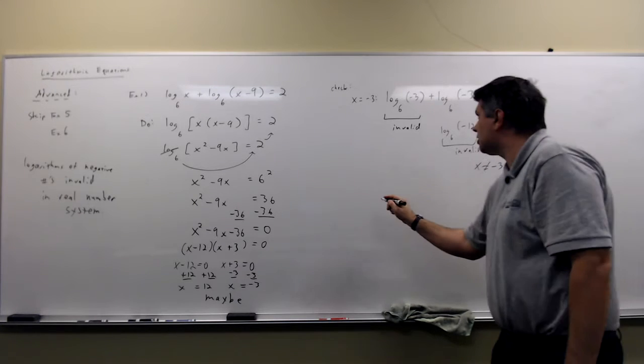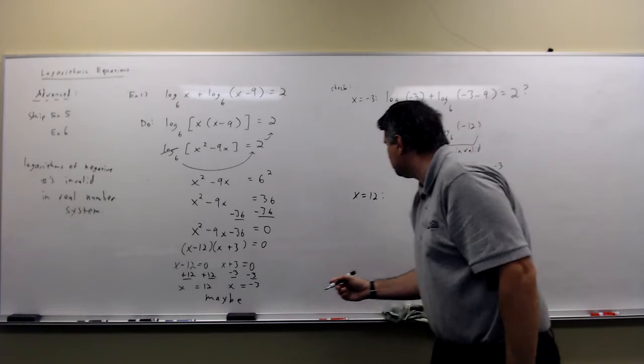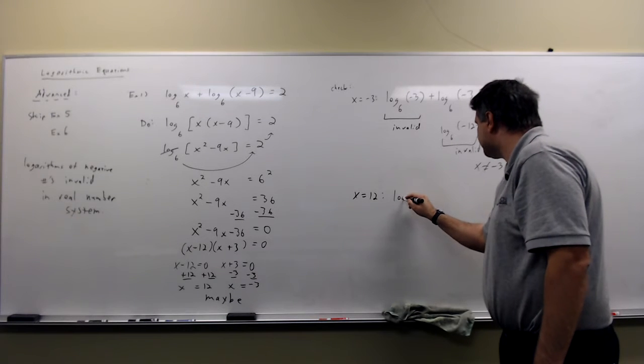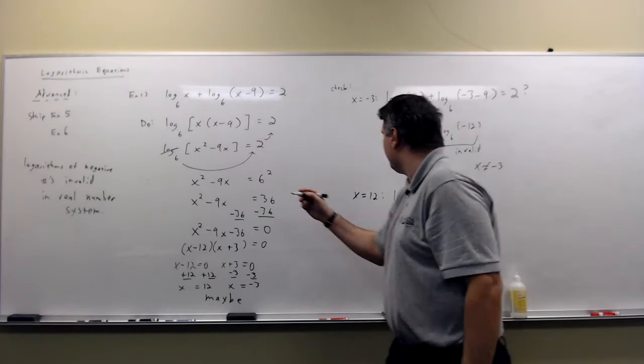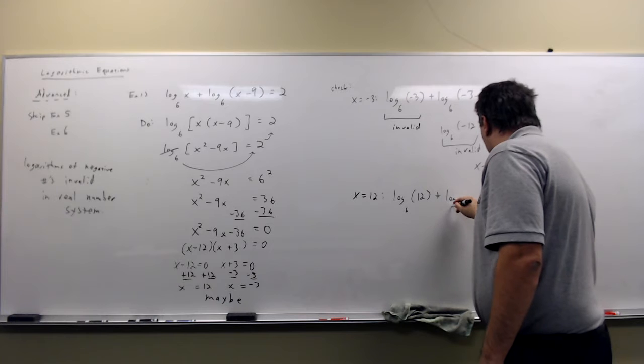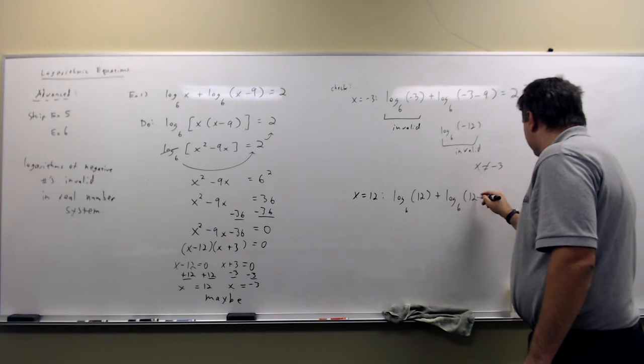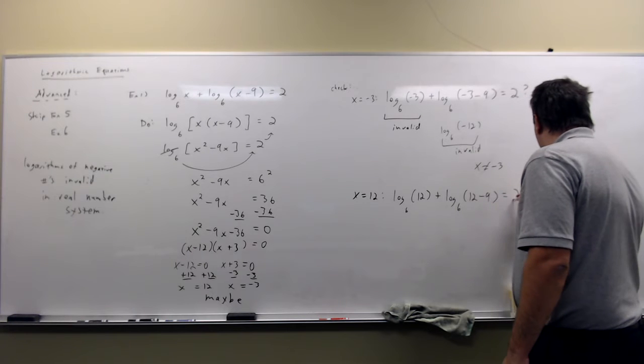Okay? Next, I'll check x equals 12. That was the other proposed solution. So I have log base 6 of 12 plus log base 6 of 12 minus 9. I want to know if it equals 2.